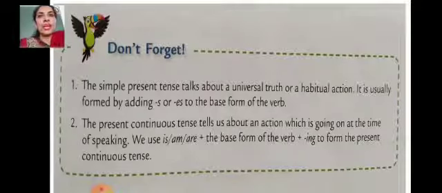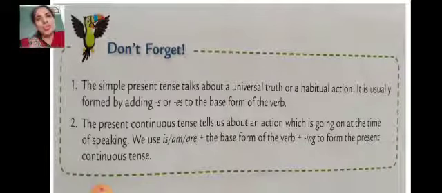Let's have a recap of this lesson. The simple present tense talks about a universal truth or a habitual action. I learn every day, I study every day, I do my homework every day, I listen to my parents, I obey my elders, yes, I eat healthy food. What are these?